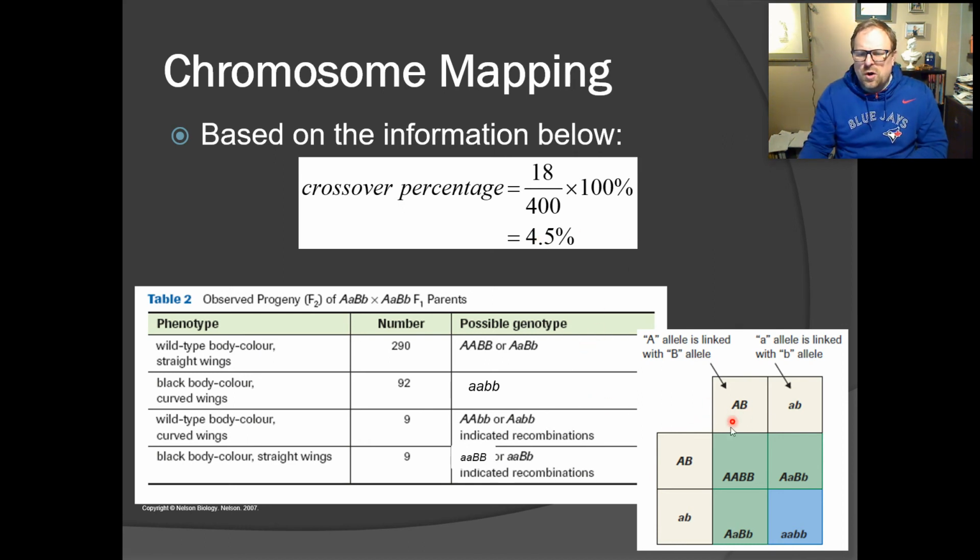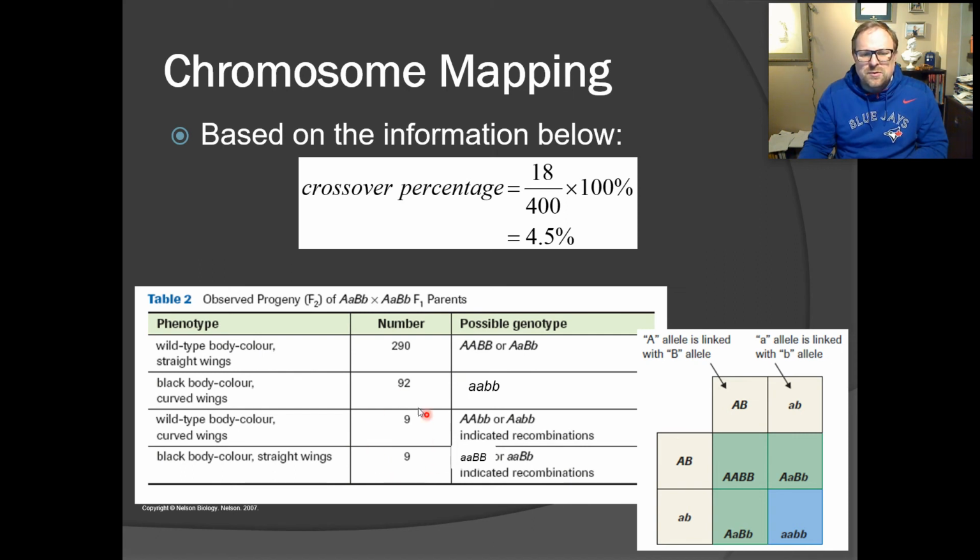And what this is showing is what we would have expected to happen if the genes were linked together, but we ended up with a small proportion, right? We should have ended up with just this phenotypic expression and just this phenotypic expression, but we had a tiny amount of those.